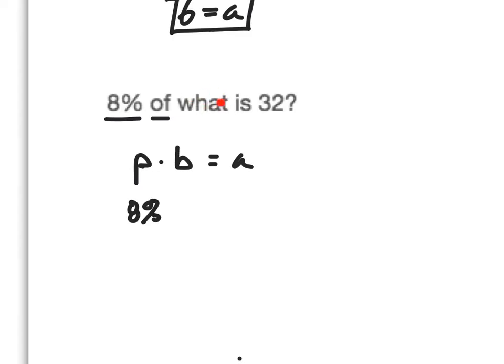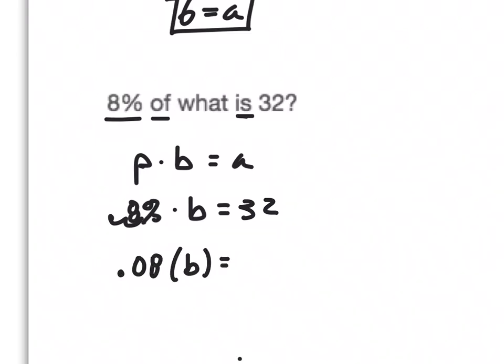That's what we're trying to find. What translates to any letter. So I'm going to put times B, and that is 32. Remember, is translates to the equal sign, and then is 32, that's my value for A. Now I'm going to turn 8% into a decimal. So I'm going to take this decimal place here and move it over 2 units. So I get 0.08, and then times B is equal to 32.